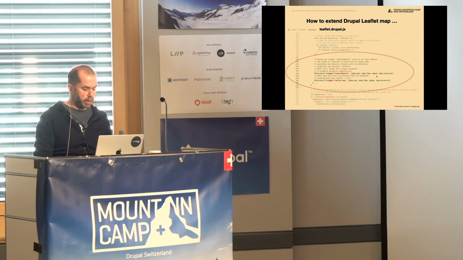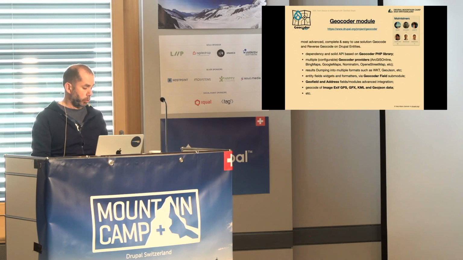So everybody can attach to this, can react, can bind, and extend and do whatever he wants with the Leaflet map JS library. Then there is the Geocoder module, super famous, is the most advanced and complete solution to geocode and reverse geocode entities in Drupal, much known, is based on an official PHP library that supports many geocoder providers, external vendors, commercial and open source, ArcGIS Online, Bing Maps, Google Maps, etc. And it supports, of course, geofields and the address field.